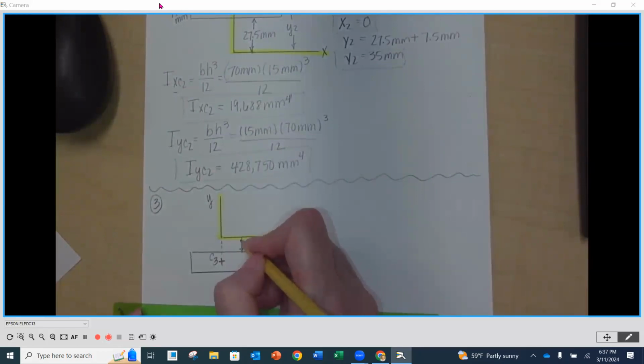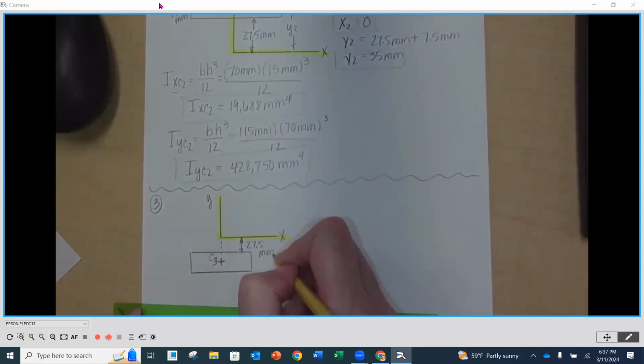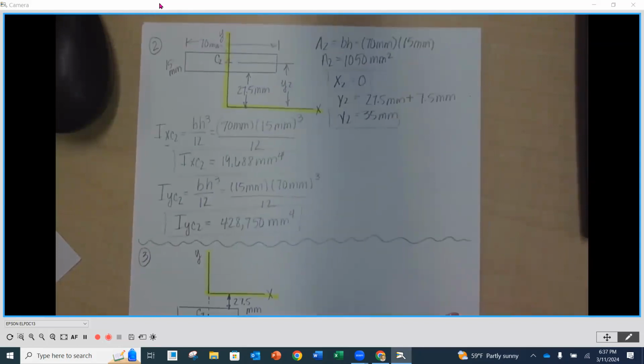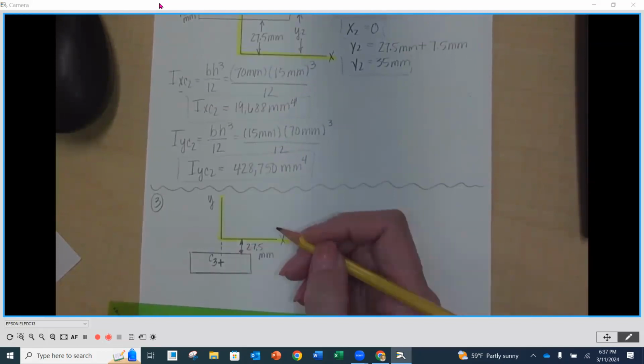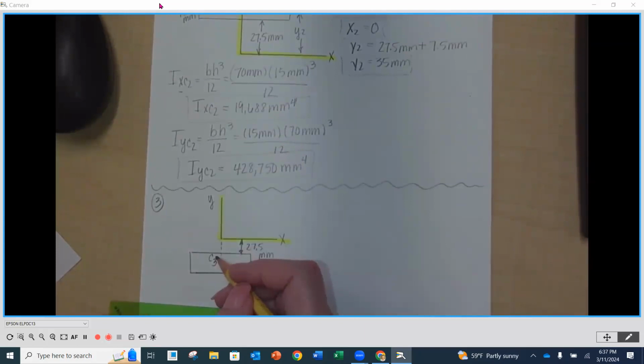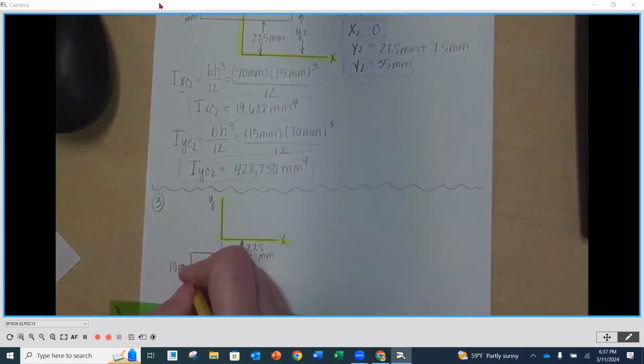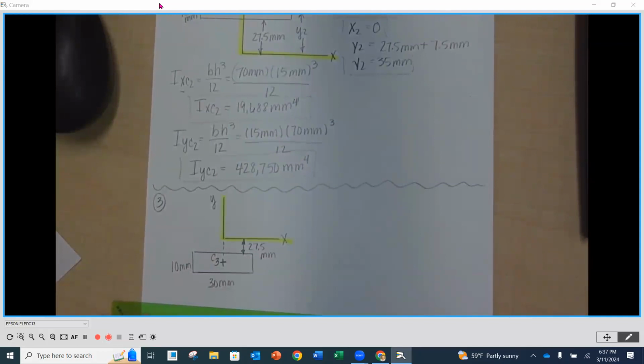This distance is at 27.5 millimeters. Doesn't look quite the same, but dimensions. And then we know this is 10 millimeters high and 30 millimeters wide.